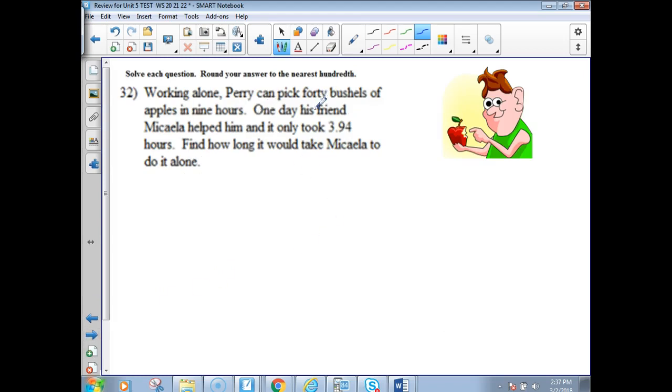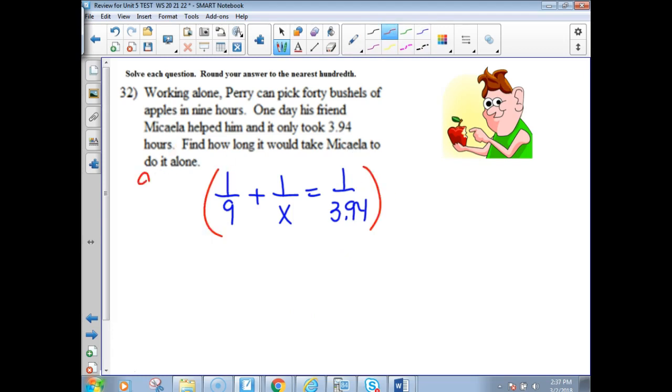Working alone, Perry can pick 40 bushels of apples in 9 hours. One day his friend Michaela helped him, and it took only 3.94 hours. How long would it take Michaela to do it alone? All right, he can do 1/9 of the job in 1 hour. I don't know how long it would take Michaela, but together they were able to do it in 3.94 hours. So 1 over 3.94, multiply through by 9 times 3.94 times x.